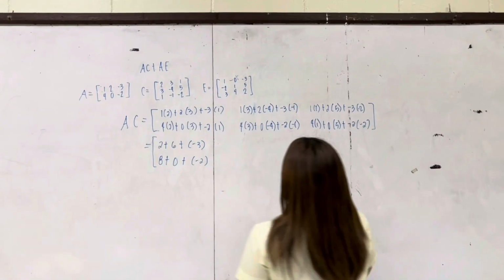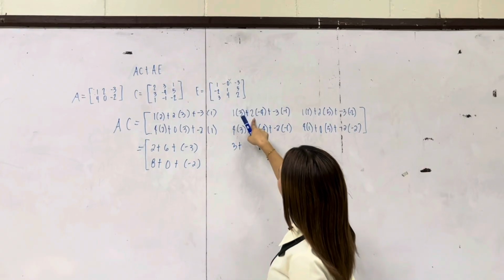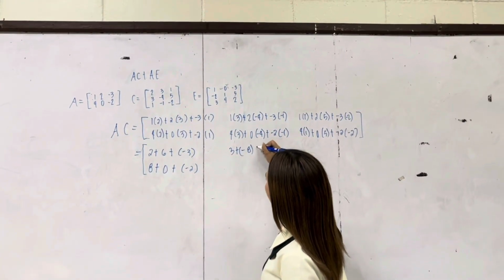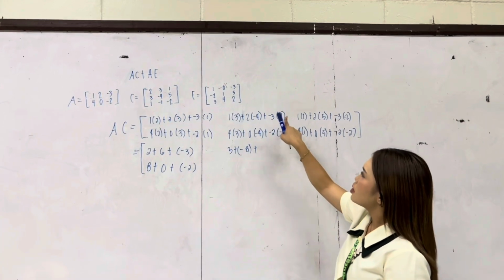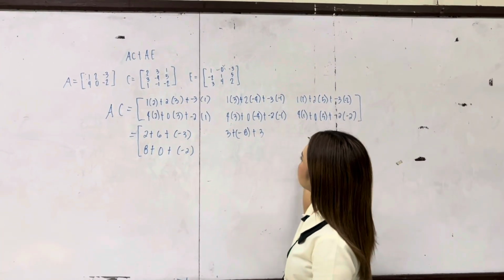Next, 1 times 3 is 3 plus 2 times negative 4 is negative 8 plus negative 3 times negative 1 will become positive 3.